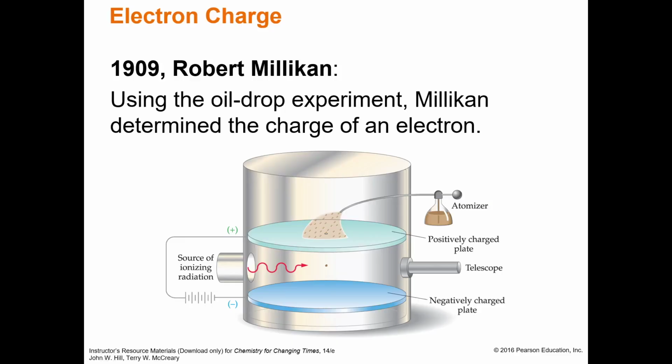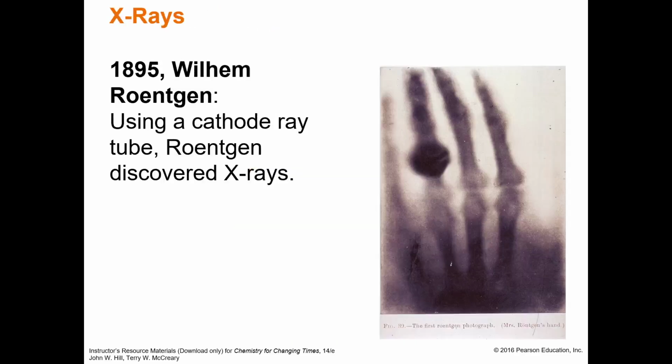Now, those fine oil droplets he knew the mass of, and so he could tell the amount of charge based on the amount that he could put on these plates, and thus suspend the oil droplet. And he finely tuned that, got the charge of it, used that mass to charge ratio, got the mass of it, and that was how we got the mass and charge of an electron.